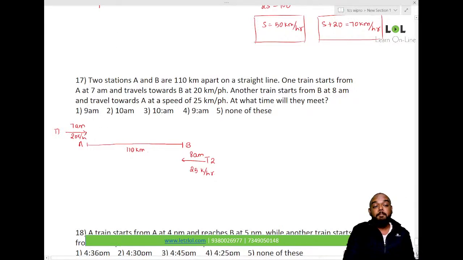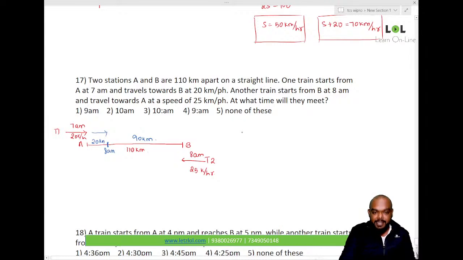Train 1 leaves at 7 a.m., whereas train 2 leaves at 8 a.m. So by 8 o'clock, train 1 would have traveled some distance. At 20 kilometers per hour, from 7 a.m. to 8 a.m., 1 hour, it would have covered 20 kilometers. So still, what is the distance between them? 90 kilometers. So at what time will they meet?